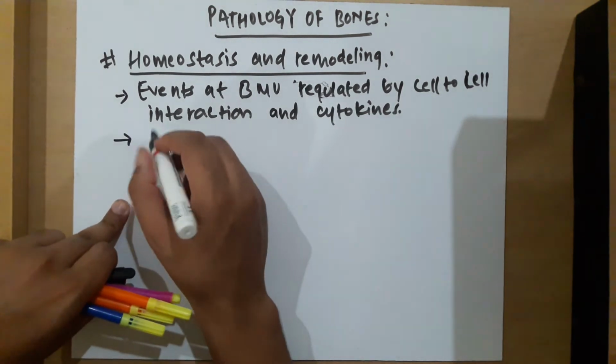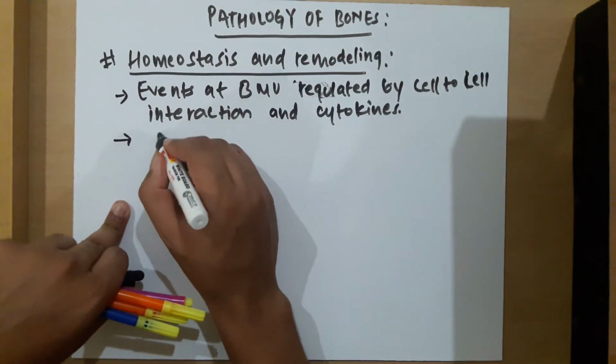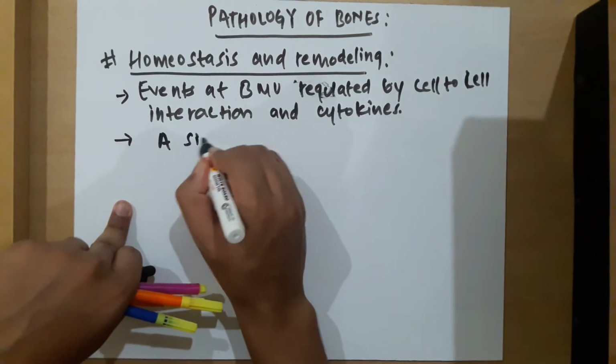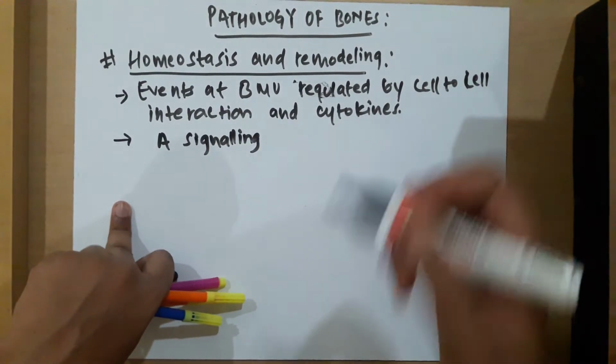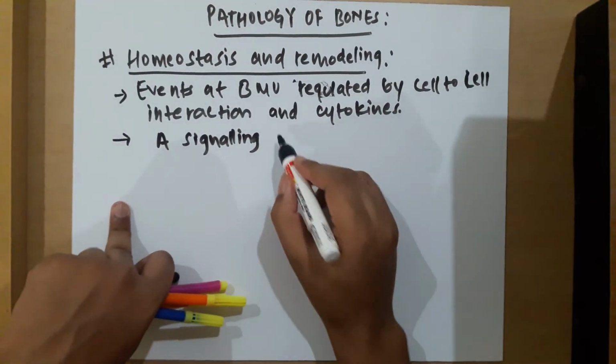So a signaling pathway controls the remodeling process.